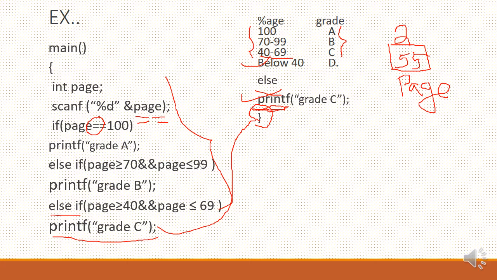What is the next statement after the default statement? End of the program. It is going to end. What output are you going to print? The output is grade C. Is it correct? For 55, it should print grade C. In this way, try to analyze for different values. If possible, I will show it in the C compiler also.